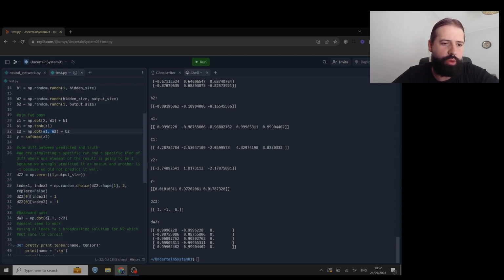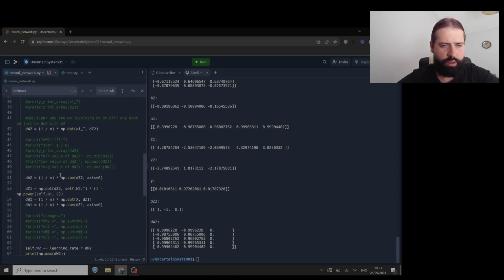But I shouldn't really care. Should I? This is the question here, right? So why can't I modify W2 directly? That would be my intuition. My intuition would just be to apply this directly.